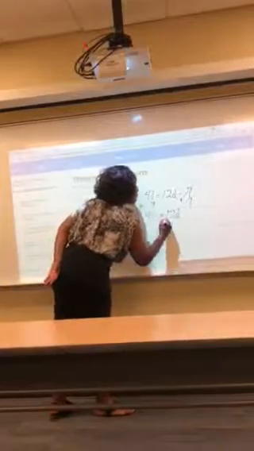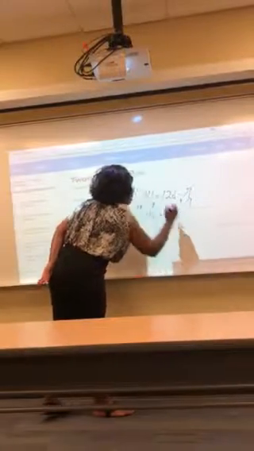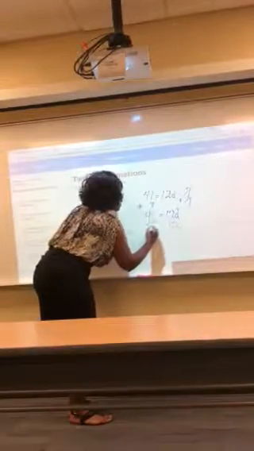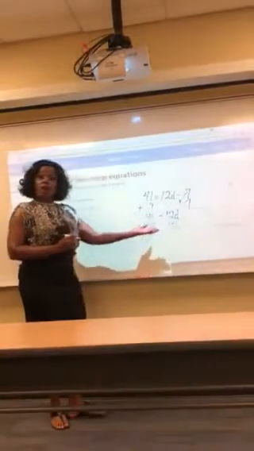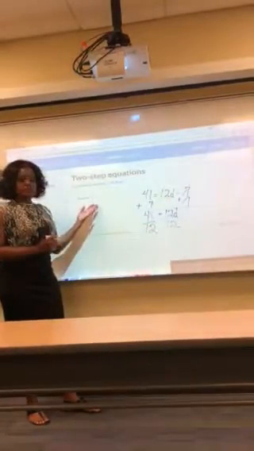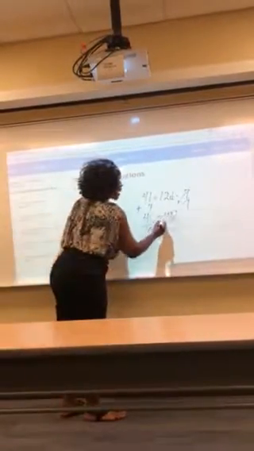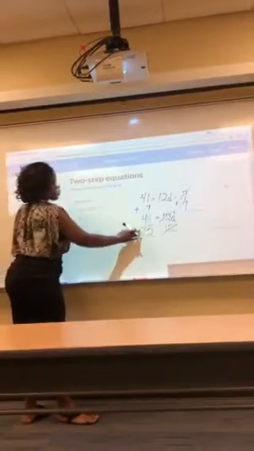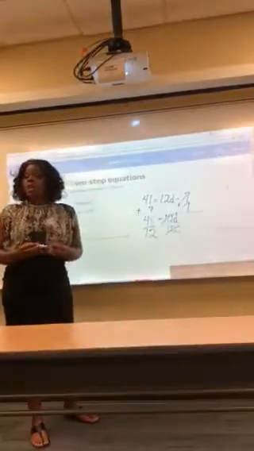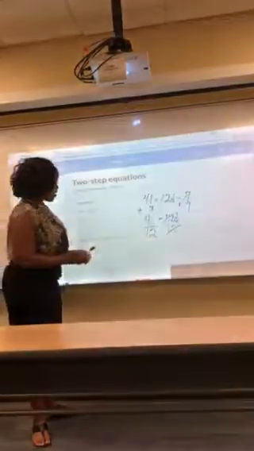So we're going to divide 12 on both sides. Again, we're going to divide 12 on both sides because we need to solve for D. The 12s cancel. What is 12 into 48? Get your calculators out and divide 12 into 48.